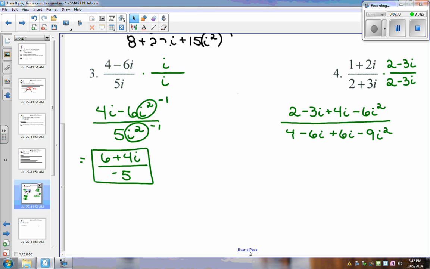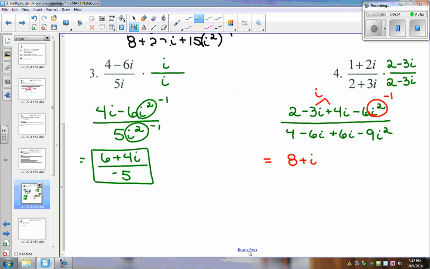After double distributing, here's what we're left with. All that's left to do is clean up all the components of the fraction. In the numerator, we can combine like terms, and we also have that i squared creating our negative 1. After combining like terms correctly, our numerator winds up turning into 8 plus i.